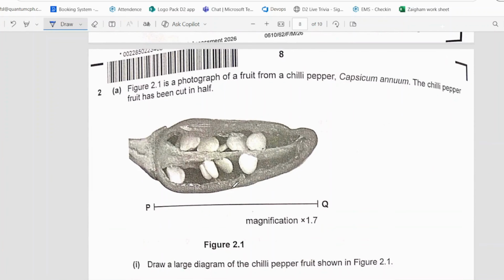Okay, next one is you have to make the diagram. In making the diagram, it should be very simple. It's 4 marks, so 1 mark is for the stalk and 1 mark is for the outline. The size should be bigger. There should be this midline and the number of seeds, 5 up 5 down. If a seed is not straight, it's in some other direction, you have to give it a place.